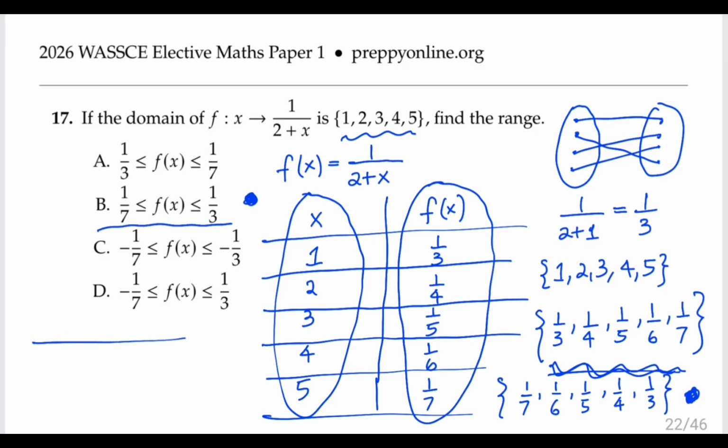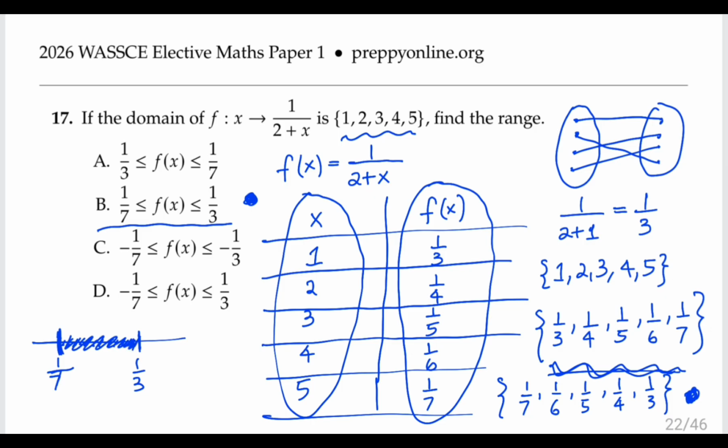Let's say you draw a number line and you have 1 over 7 here, and then you have 1 over 3 here. Then the question is, are you saying that every number between 1 over 7 and 1 over 3 is in the range?